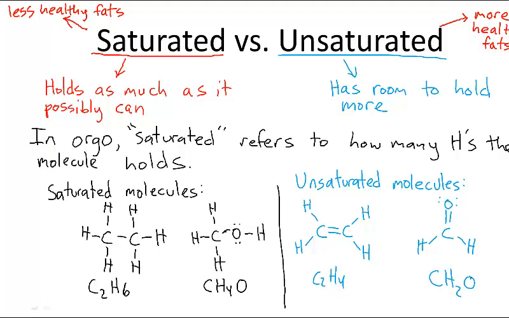So when we talk about fats being saturated or unsaturated, a saturated fat has as many hydrogens as it possibly can hold. Unsaturated fats are going to have some room for more hydrogens. What is it that I did to take away hydrogens? I added a double bond. So in unsaturated fats, there are some double bonds.